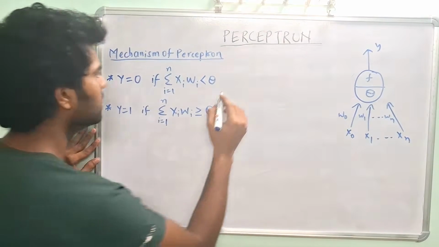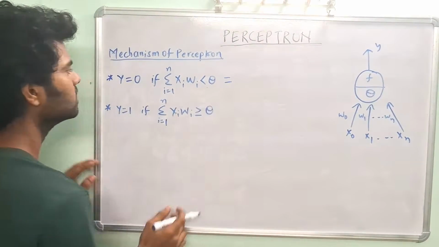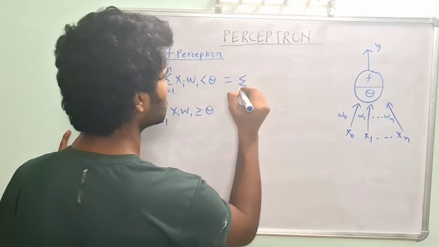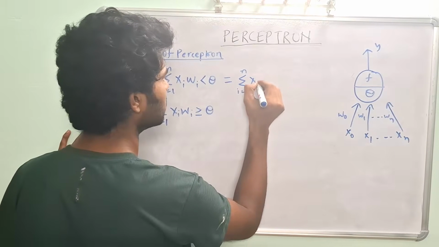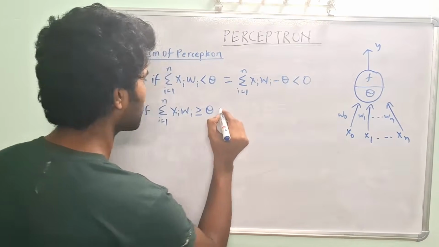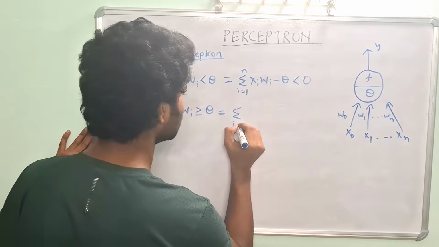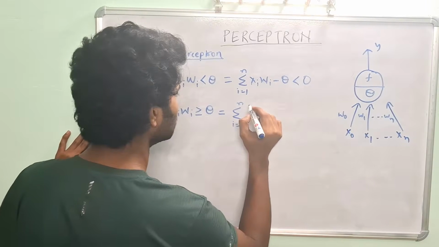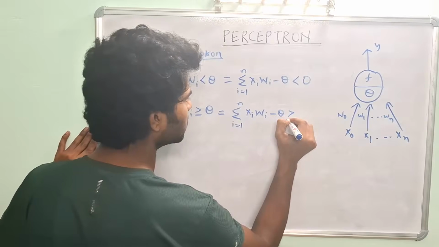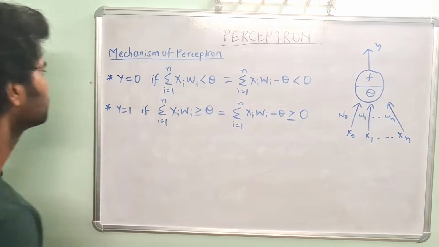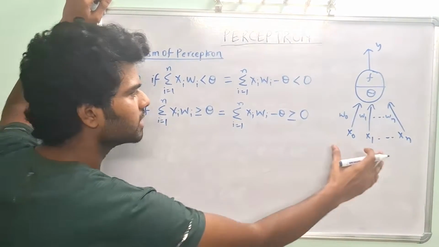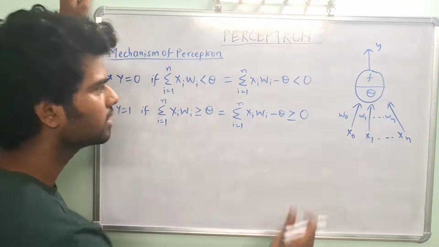And we can write this equation by bringing the threshold value to the LHS. Summation of i equals 1 to n of xi wi minus threshold value less than 0. Here, summation of i equals 1 to n of xi wi minus theta greater than or equal to 0. So these two equations satisfy this perceptron diagram.